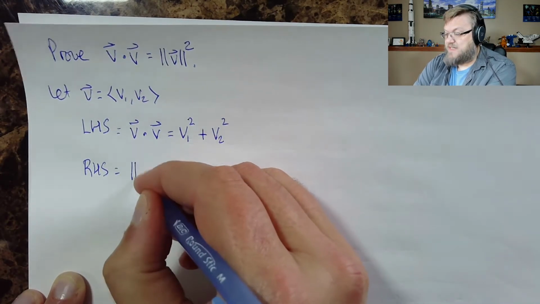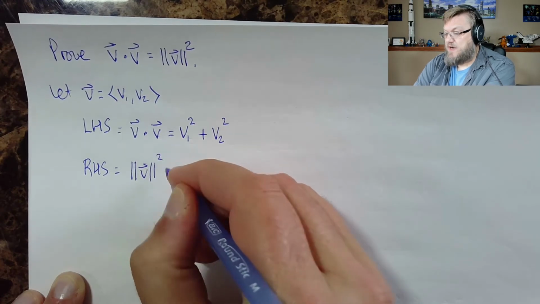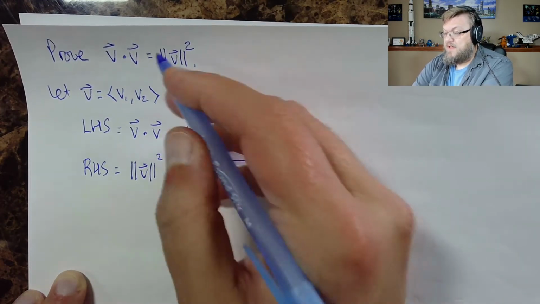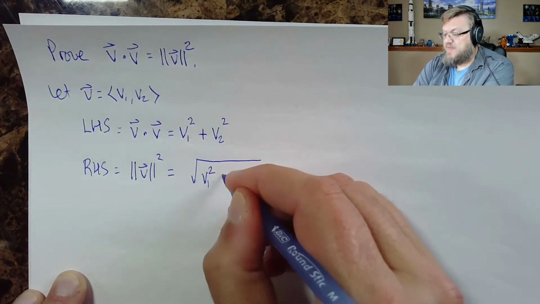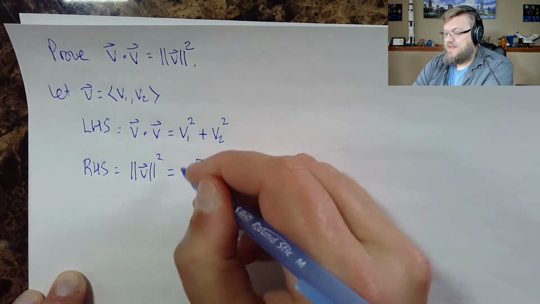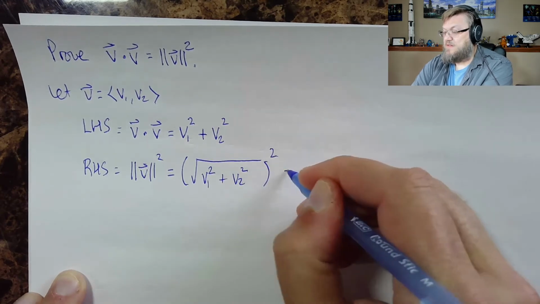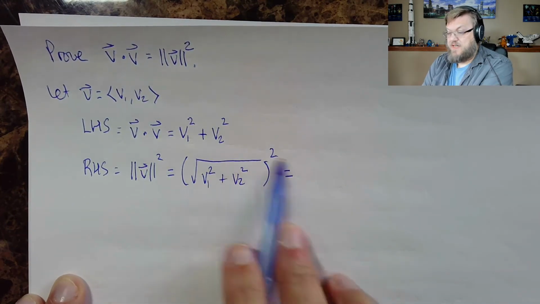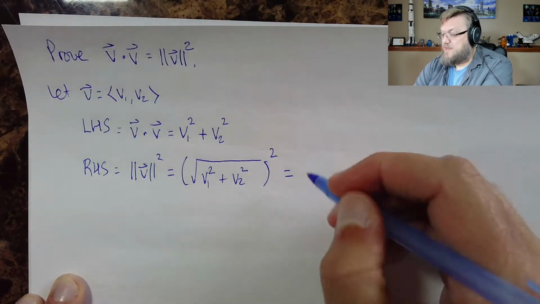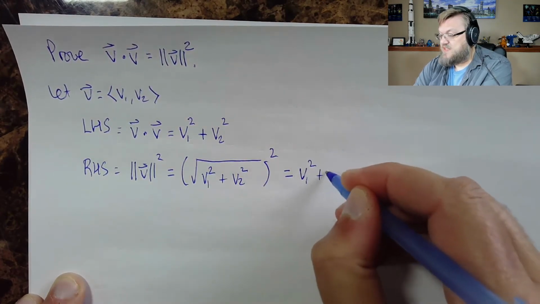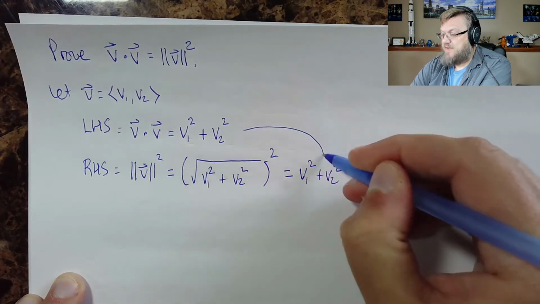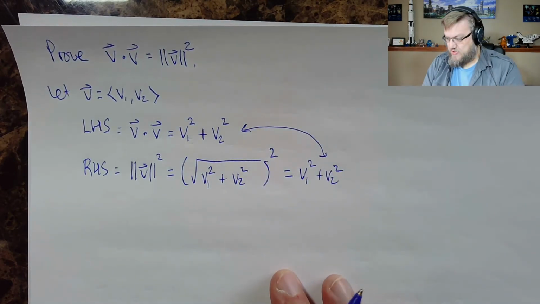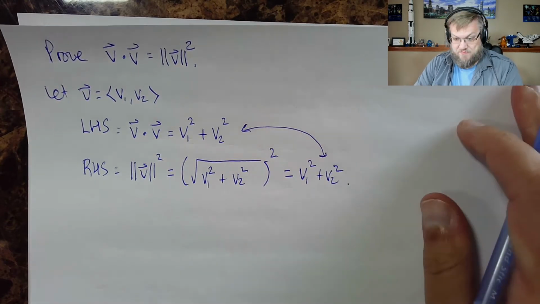Let's do the magnitude of v and then square it. So the magnitude of v is the square root of v1 squared plus v2 squared. And then I want to square that. Well, of course, squaring the square root undoes one another, and I end up getting v1 squared plus v2 squared, and these are in fact identical, aren't they? The left-hand side is identical to the right-hand side, and so there we've proven it.